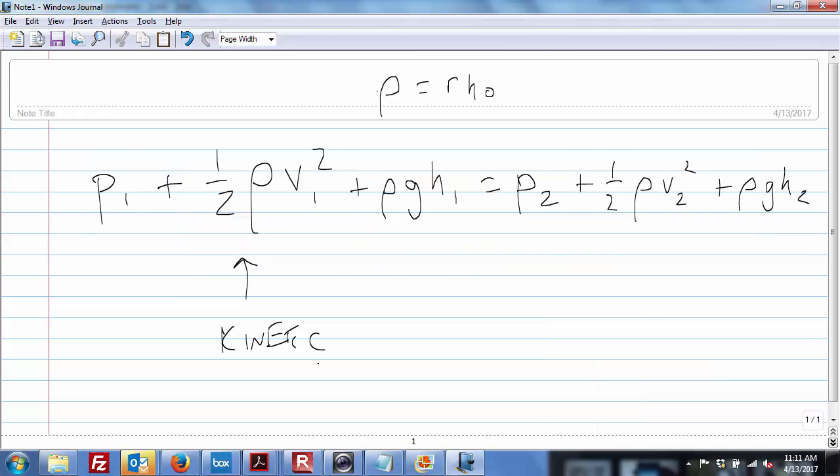What's the next one? And again, let's just replace the rho with mass. g is gravity and h is height. So what's mgh instead of rho gh? Gravitational potential energy. So I'll just write it out as gravitational potential.